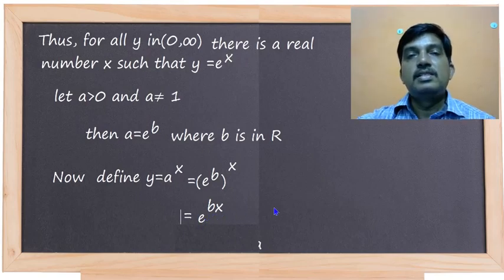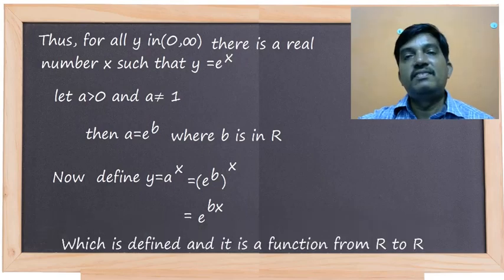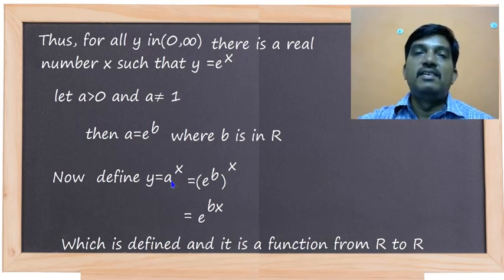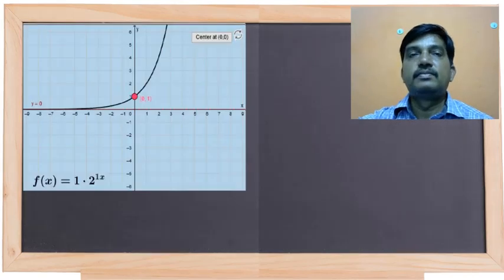E power bx is equal to 1 plus bx by 1 factorial plus bx whole square by 2 factorial and so on, which is defined, and it is a function from R to R. Thus, we have the function y is equal to a power x, and while defining it, I have taken a not equal to 1 to make the function one-one and onto, and a is greater than 0.